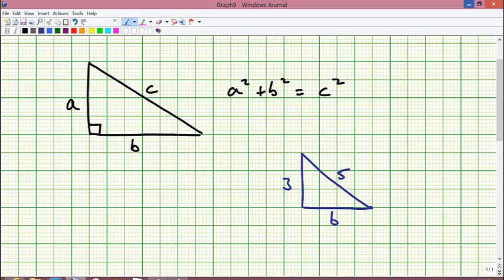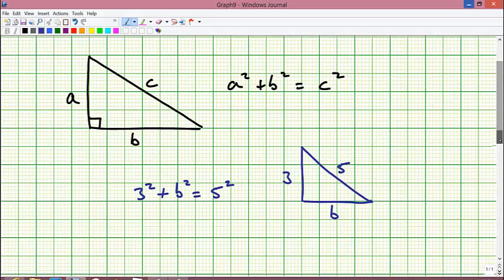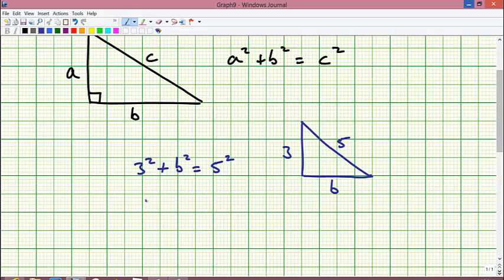And if we put these elements into our Pythagorean theorem, we get that 3 squared plus b squared equals 5 squared. Let's simplify that. 9 plus b squared equals 25.